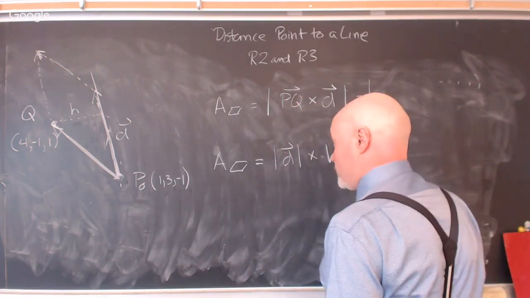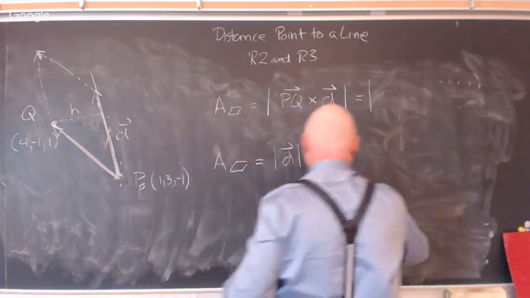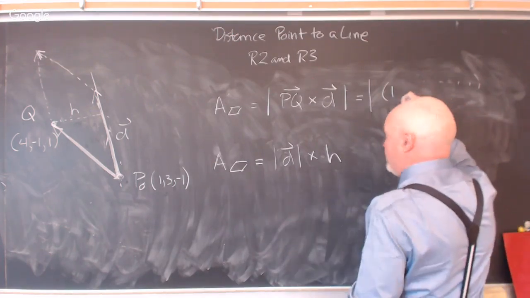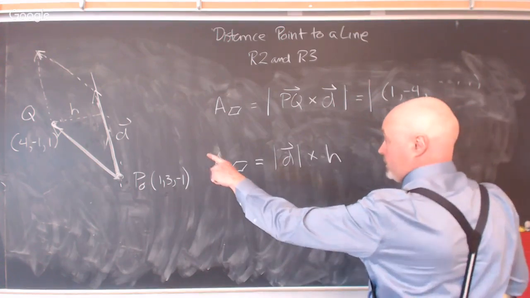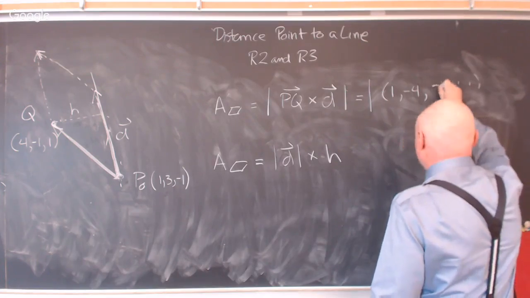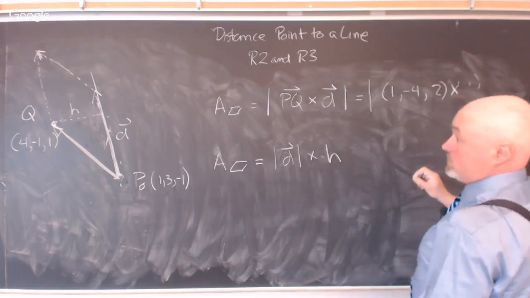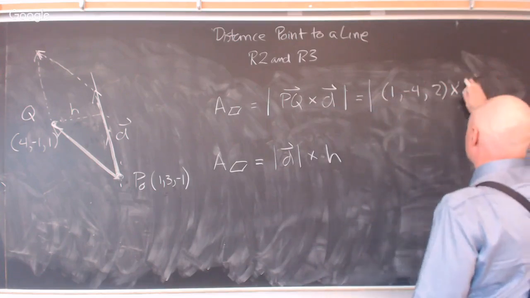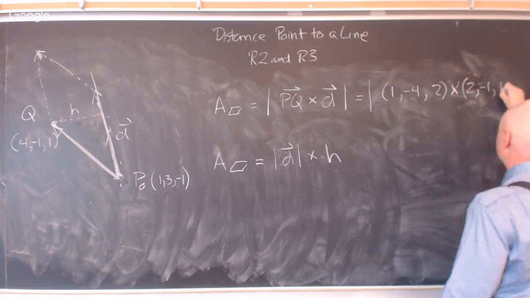So PQ, tip minus tail: 4 minus 3 is 1, -1 minus 3 is -4, and 1 minus -1 is 2. Very good. And we're going to cross product that with our direction vector. What was our direction vector? It was 2, -1, and 1. There we go.